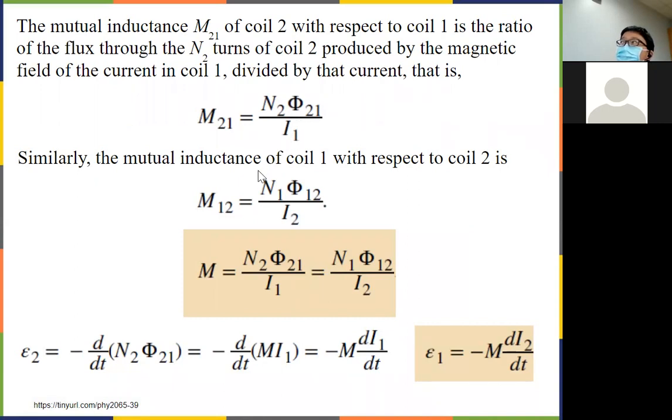Similarly, for the mutual inductance of the first coil by the second coil, you do N1, the number of turns on coil 1, times the flux on 1 due to 2, divided by the current on 2. You'll find that M12 and M21 are equal to each other.